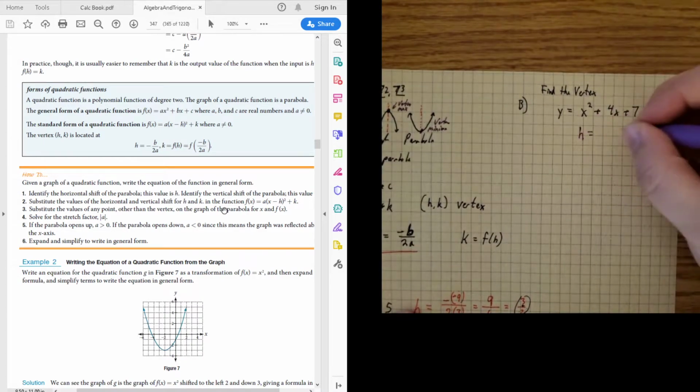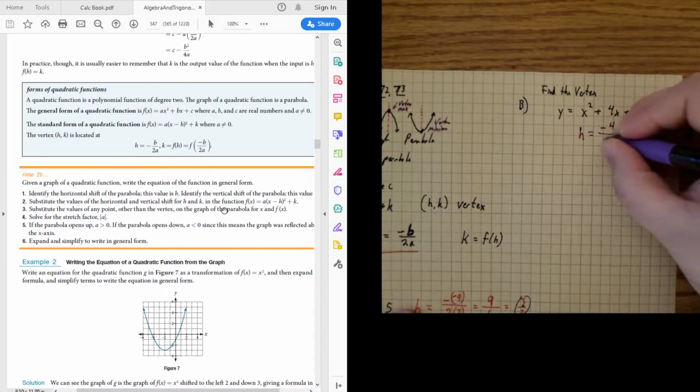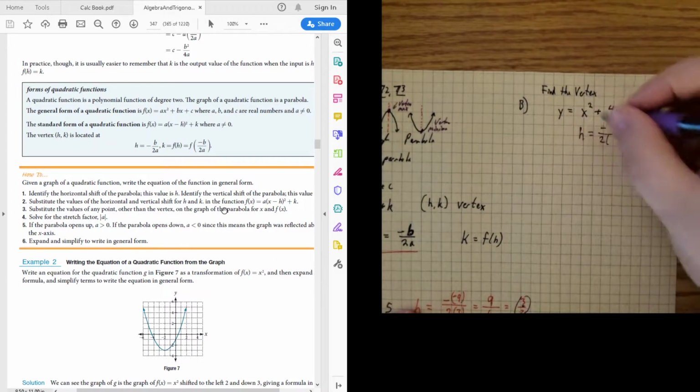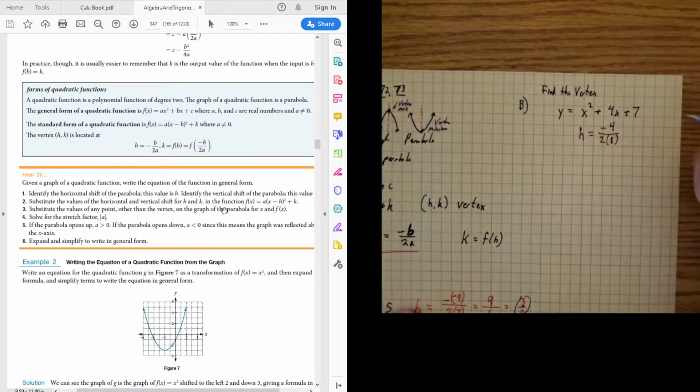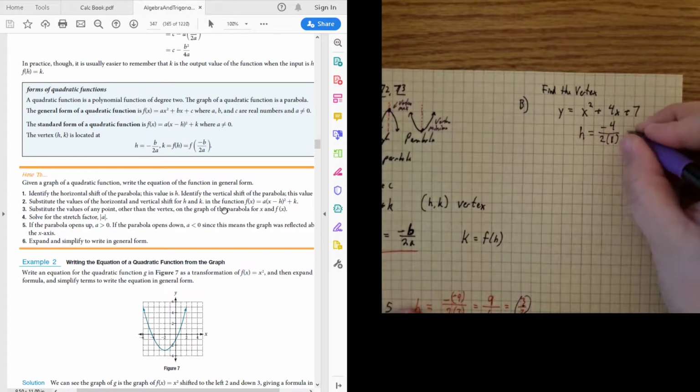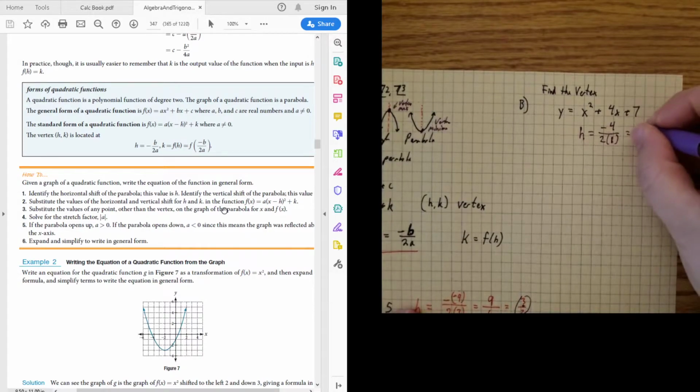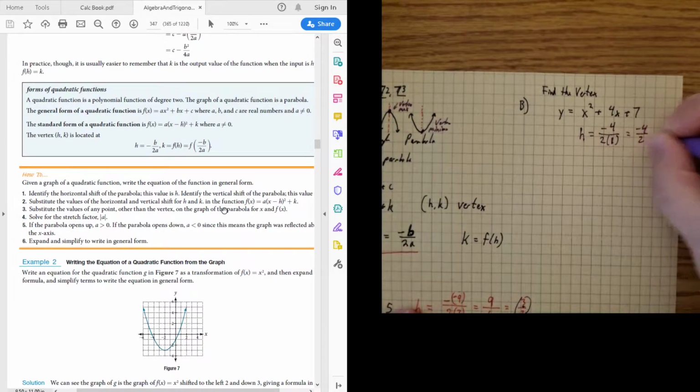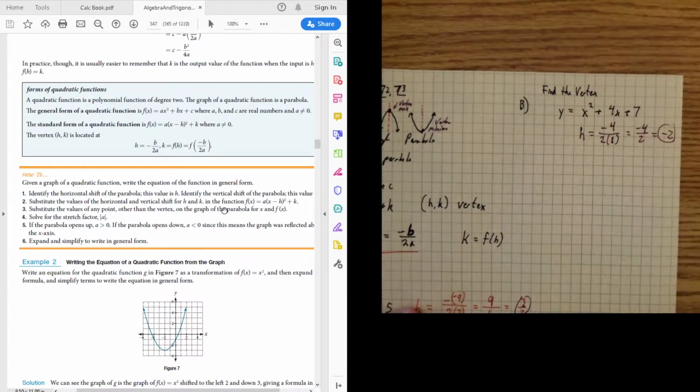So h equals negative the b term, so it'll be negative 4 over 2 times our a term. If it's just x squared, that means there is 1x squared. From there we simplify. Negative 4 is just negative 4. 2 times 1 is 2. Negative 4 over 2 is negative 2. So here's my h term.